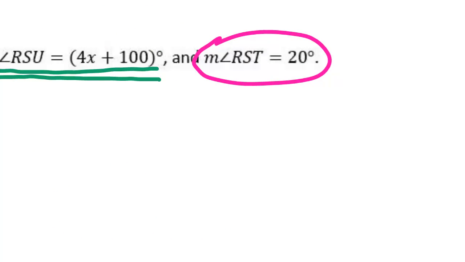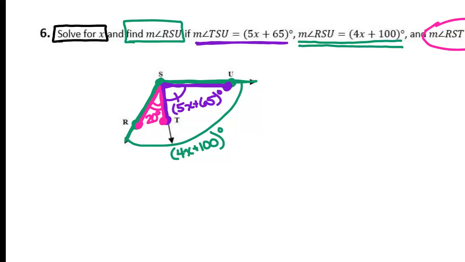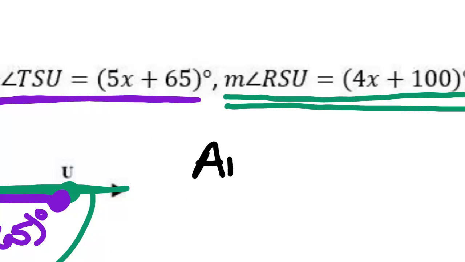Measurement of angle RST is 20 degrees. Well, here's RST. What am I going to have to use to solve this problem that's off that red page? Angle addition postulate.